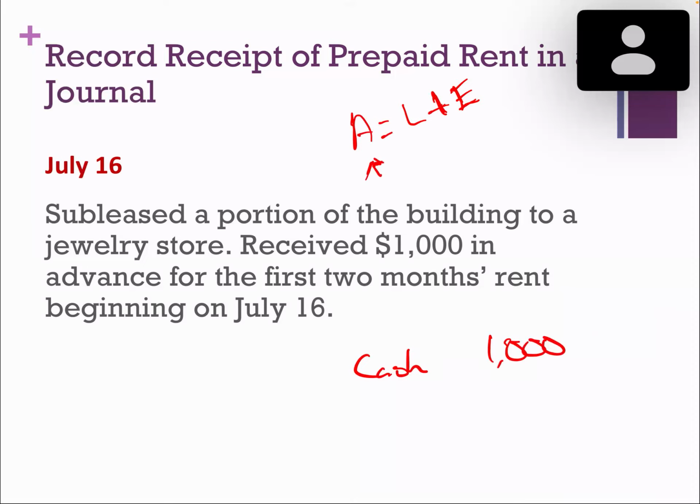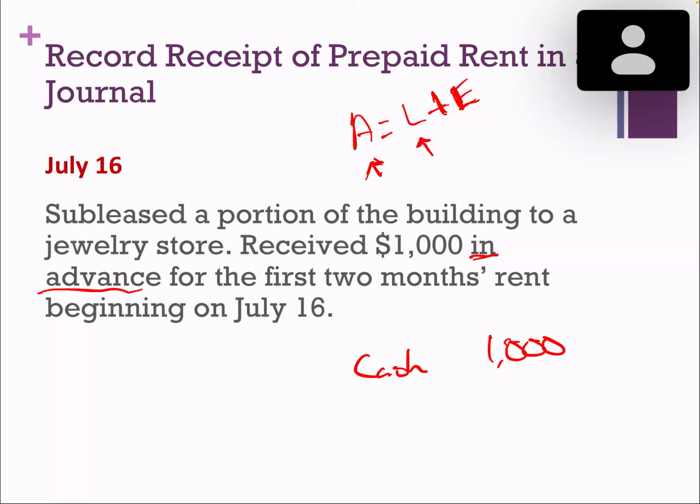Because if we had provided the space for them and they had used it, then we would get to record rent revenue, which is equity, right? But here it's in advance, okay? So we actually haven't provided a service to them yet. And so what we really need to do is we're receiving cash, but we have a liability for the future, and that's going to increase our liability.